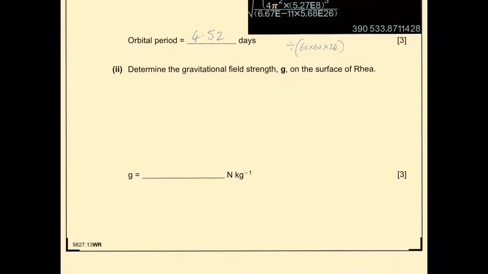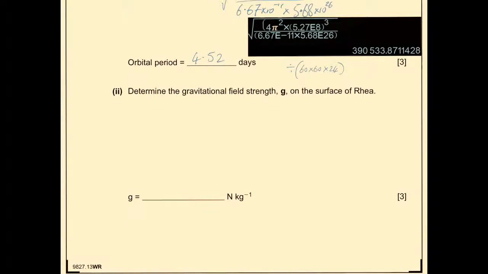Right, determine the gravitational field strength on the surface of Rhea. We've got an equation for that: little g is GM over r squared, where r is the radius of the planet out from the centre.